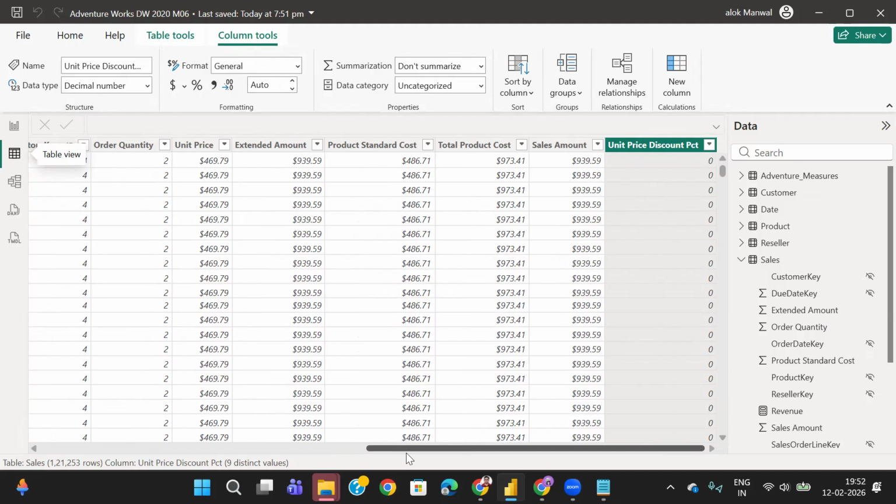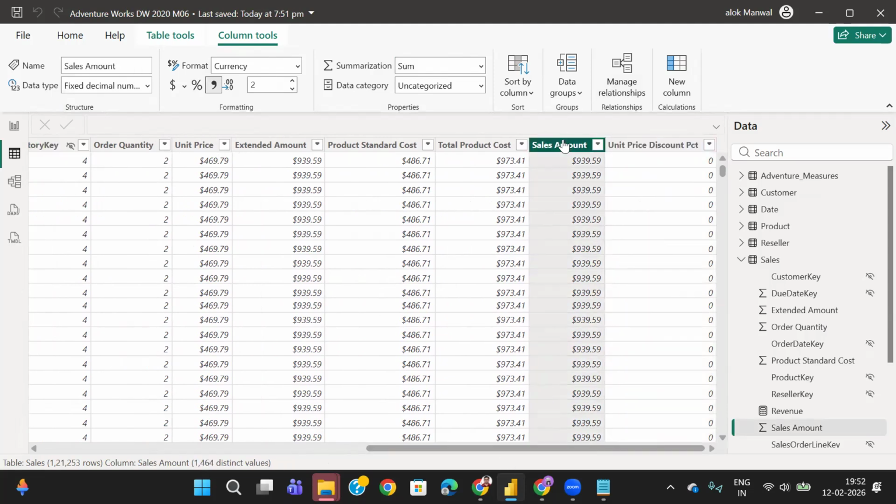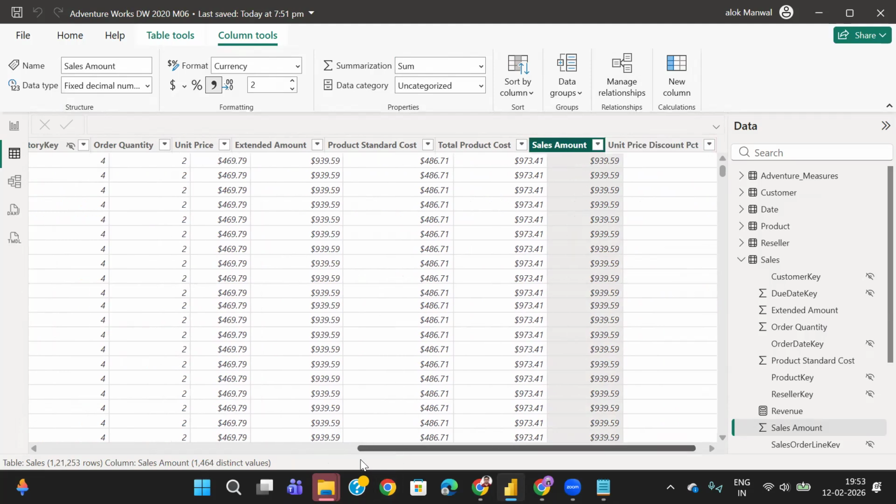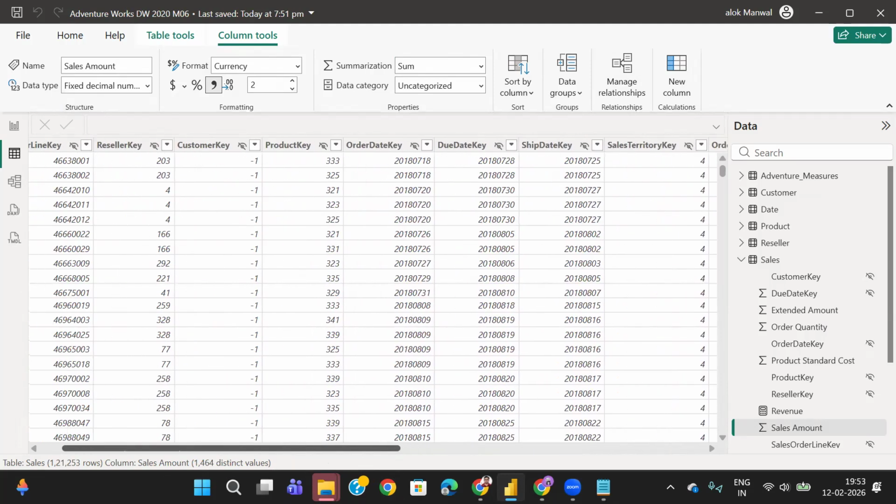Now, if we talk about the average of what? Average sales or average revenue. Generally, what we do is the sum of total revenue upon the number of rows. Generally, we do that.